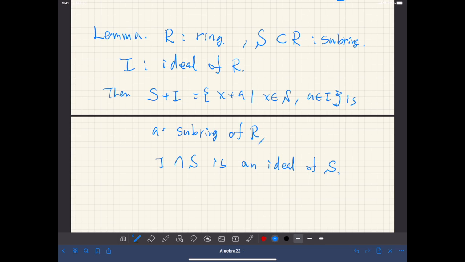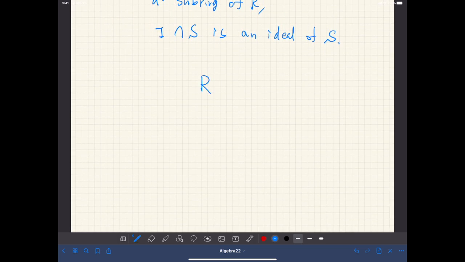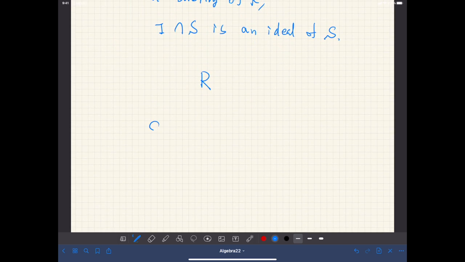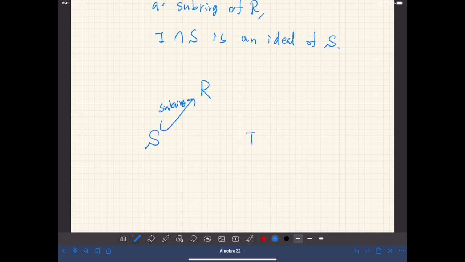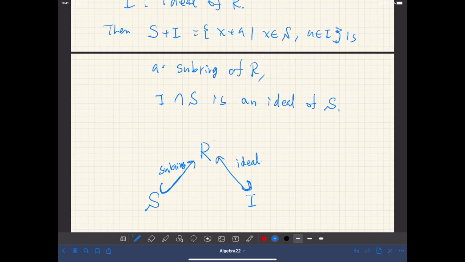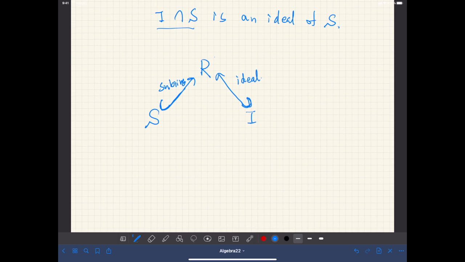This is a little bit involved, so let me explain this in terms of a diagram. First of all, we have a ring R, and S is a subring. And I is an ideal of R. We write it like this with a curve here, because S and I are both subsets of R. Let's consider I cap S first.